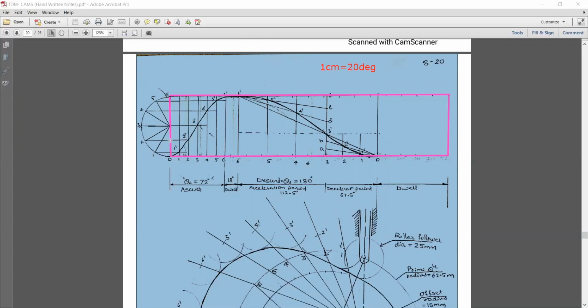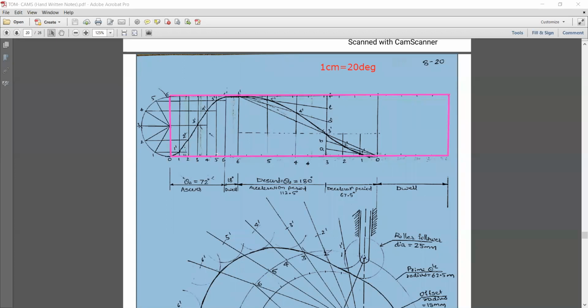This is the rise, that is the ascent. How many degrees is the ascent? 72 degrees.